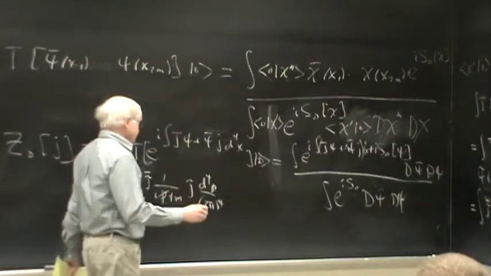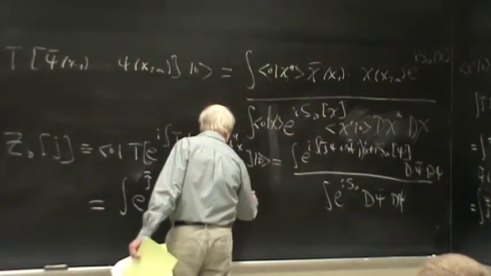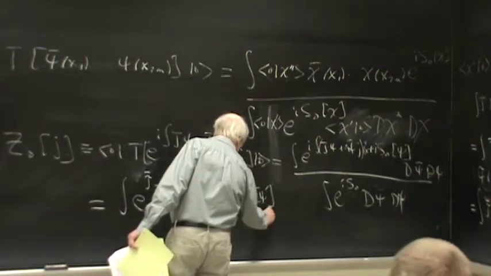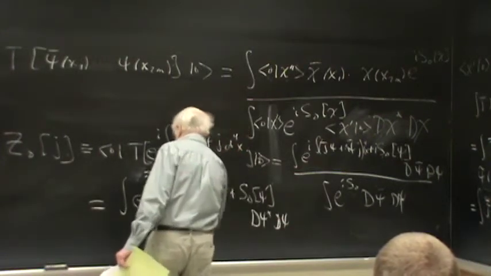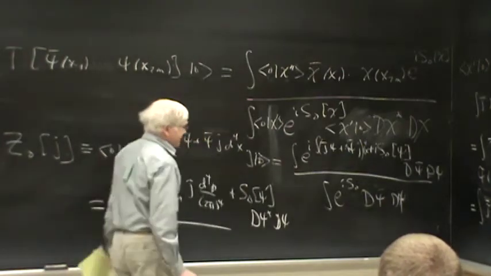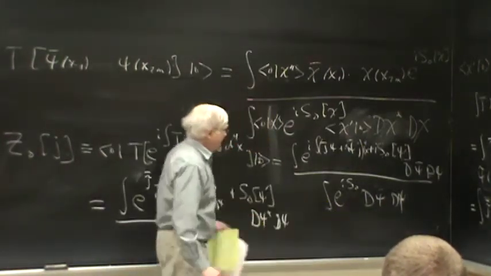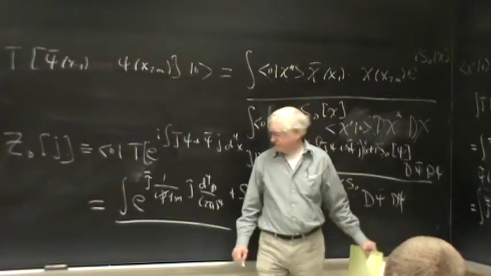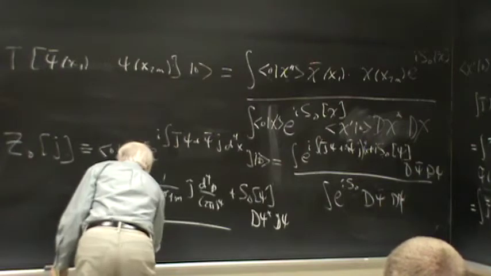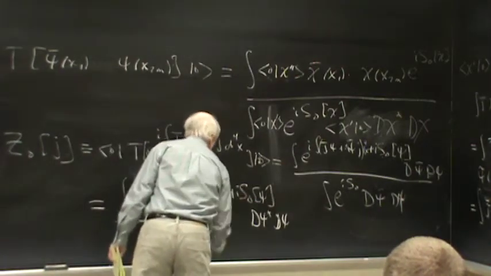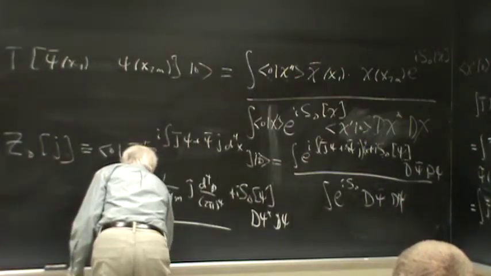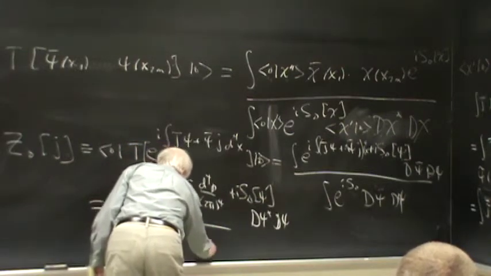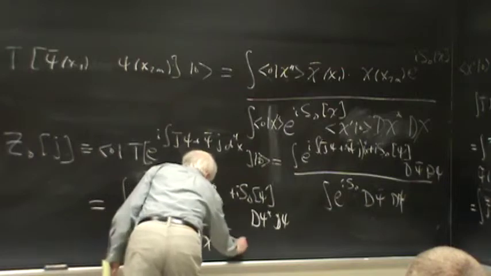That's one term. The other term is plus S0 of psi, and we're doing d psi star d psi. And then in the denominator, we just have the old denominator, which I wrote here in terms of psi, I meant chi. So this thing is, and there's an i here, integral e to the i S0 of chi, d chi star d chi.